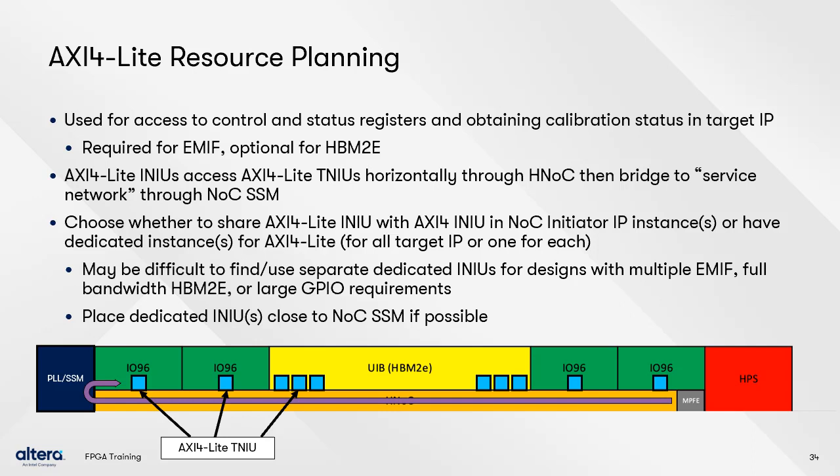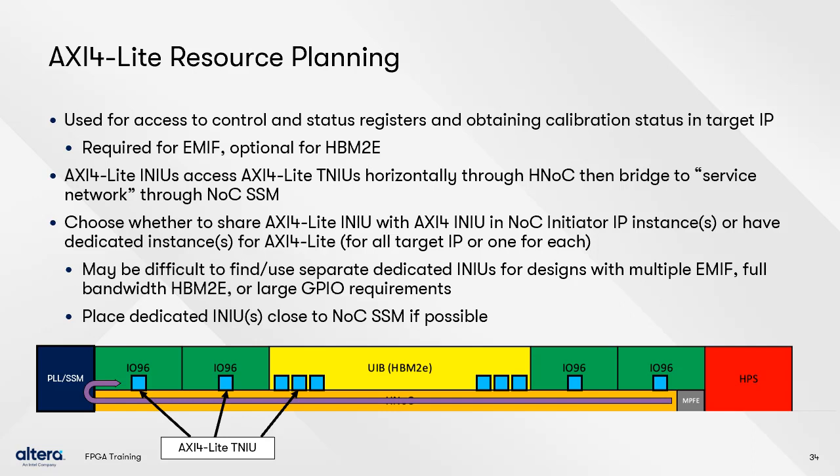When configuring the INIU IP for access by fabric AXI4 managers, you can choose to have AXI4 Lite interfaces share an INIU with an AXI4 interface, or use separate dedicated INIUs for AXI4 Lite access. The use of dedicated INIUs for AXI4 Lite may make it difficult to find enough INIUs to access for multiple EMIF or full bandwidth HBM2E designs.